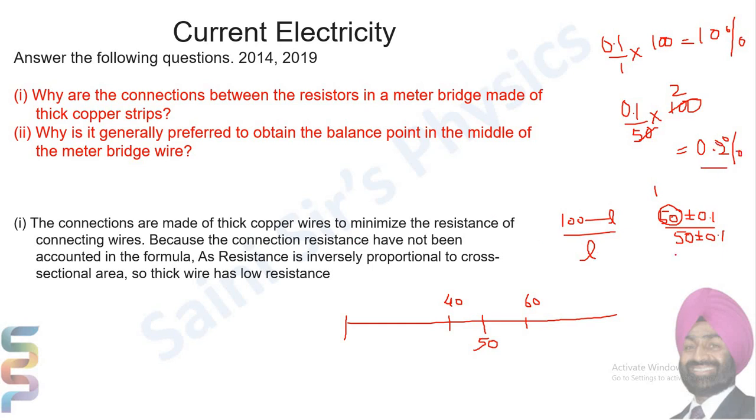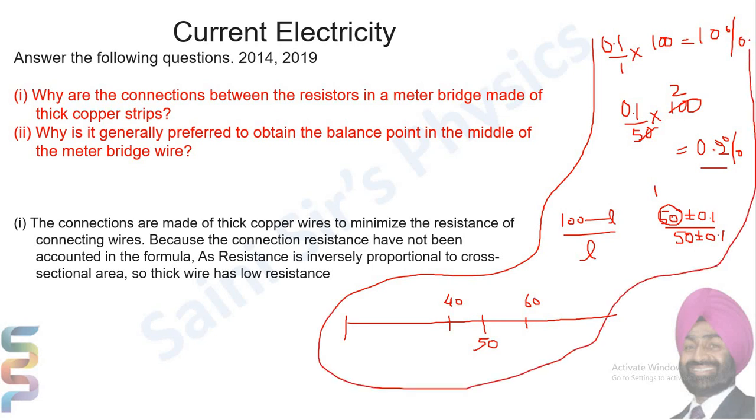So to decrease the error in calculation, you can note this down also. To decrease the error in the calculation, we generally prefer that both lengths, 100 minus L and L, since the total length is 100 centimeter, we have to divide it into two parts, L and 100 minus L. The best way of dividing is that both the parts get maximized, that is 50 centimeter, 50 centimeter.